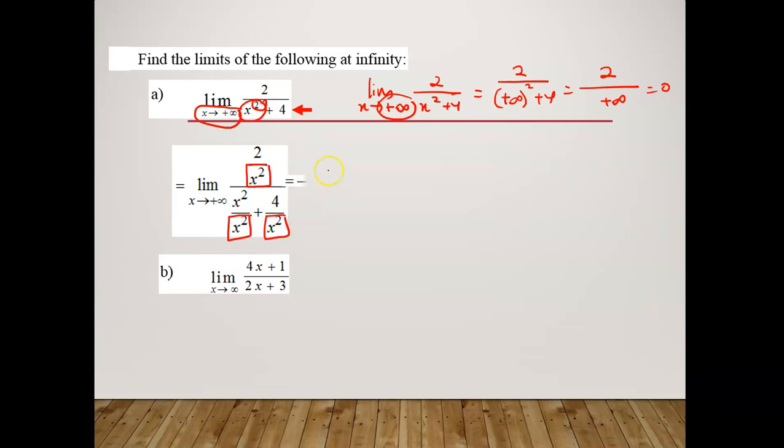What you get is 2 over x squared over 1 plus 4 over x squared. So how do they get 0 here? 2 over infinity squared value. 2 divided by a very big number is 0, over 1 plus 0, because 4 divided by a very big number is 0. So you will get 0 over 1, which is actually equal to 0.